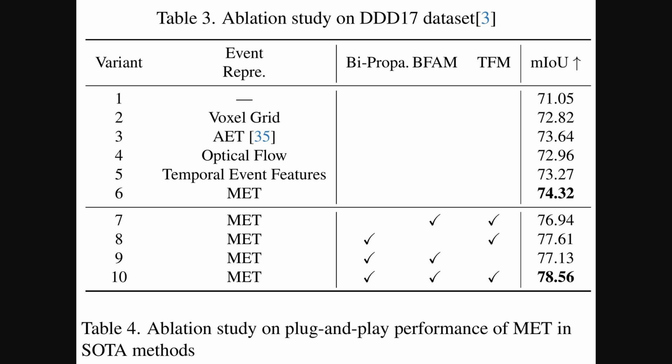Then, including components like bidirectional propagation, which means processing event data both forwards and backwards in time, the Bidirectional Flow Aggregation Module and the Temporal Fusion Module leads to further improvements. The table shows that the full system, with all these parts working together, achieves that top score of 78.56.